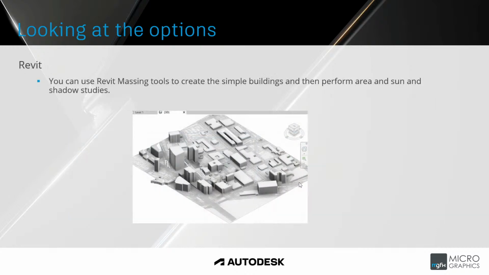Now looking at Revit. Revit has awesome massing tools that can represent your buildings, and in the Revit documentation system you don't have to transfer in and out. You can also do sun studies, shadows, and lots of other things.